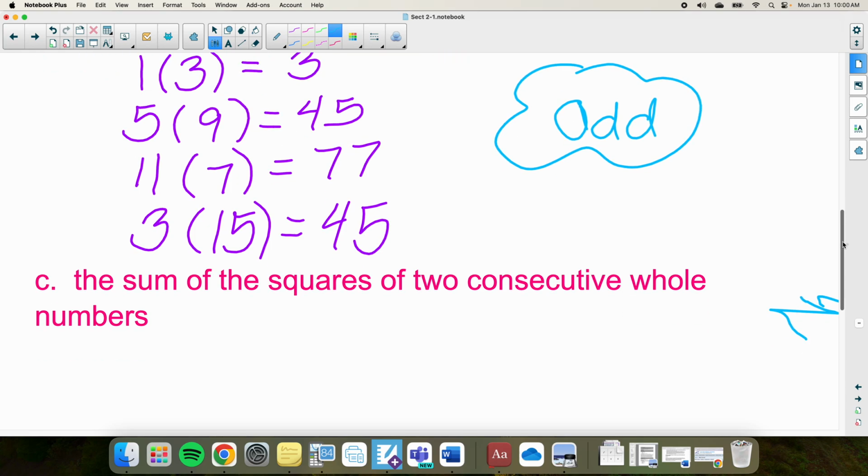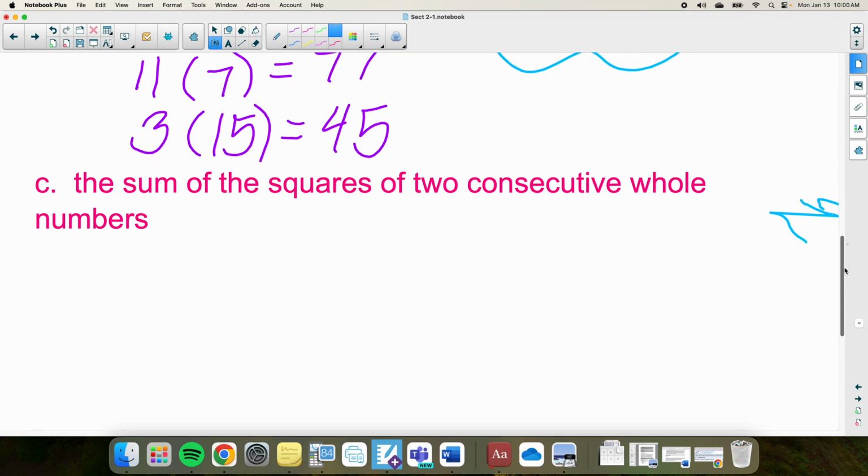Okay. Now this one says the sum of the squares of consecutive whole numbers, okay? Now, just to talk about what that means, consecutive whole numbers. Whole numbers are like 1, 2, 3, 4, 5, 6.